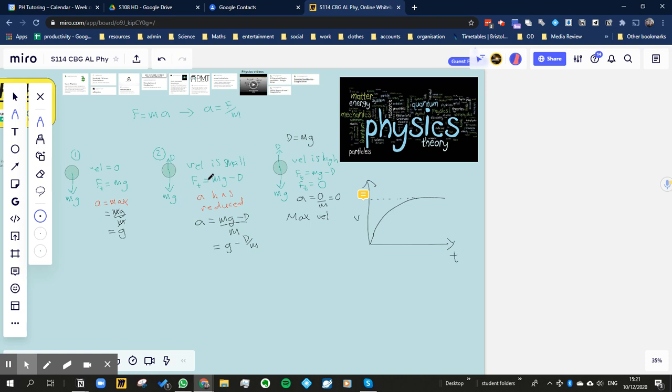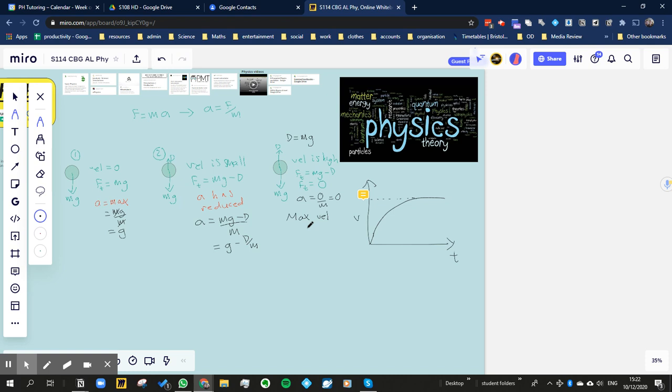And so you would have different terminal velocities based on the size of the forward moving force, the viscosity of the liquid, and okay, so basically the size of the forward force and then the size of the air resistance.